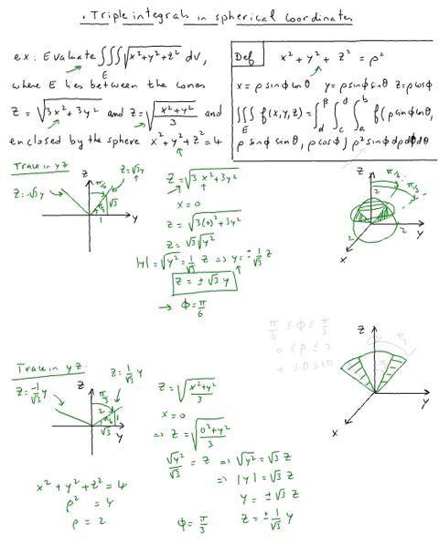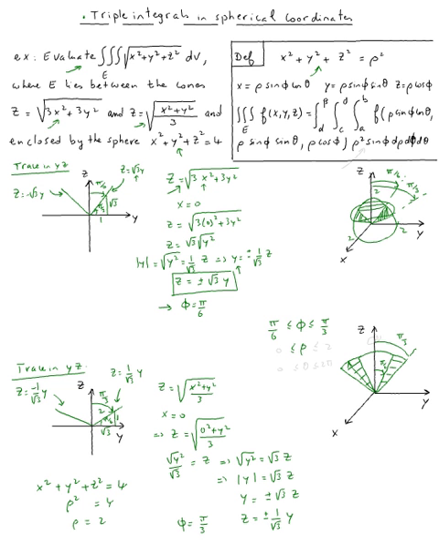Alright, so I want my phi to go from pi over 6 to pi over 3. So I want my phi to go from pi over 6 to pi over 3, whereas I want my rho to go from here to here.